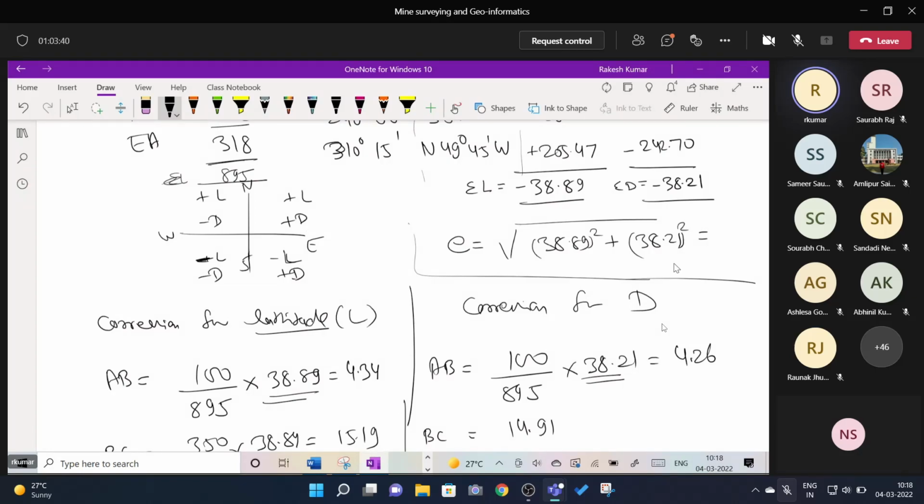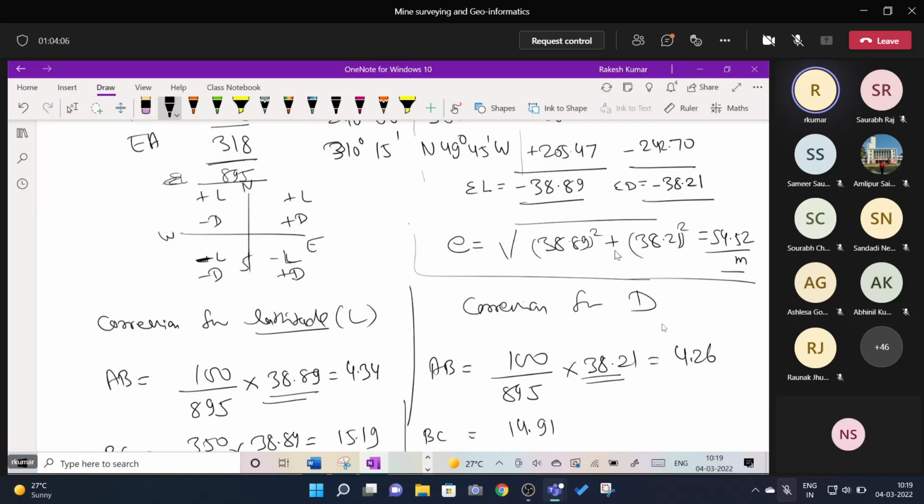Tell me the value. How much? Sir, 54.52 meters. This is the closing error.